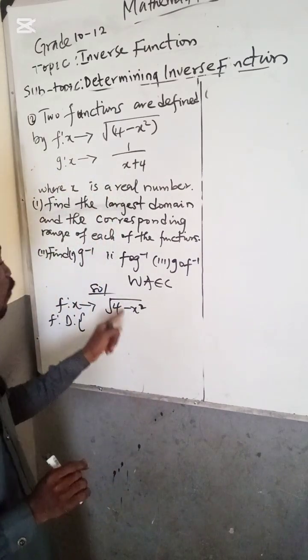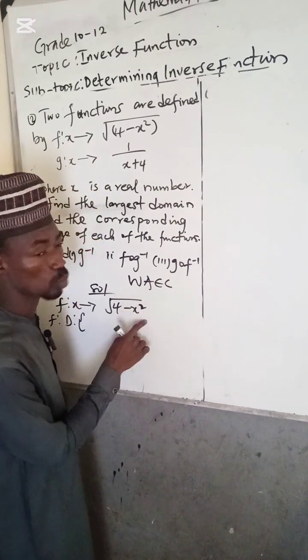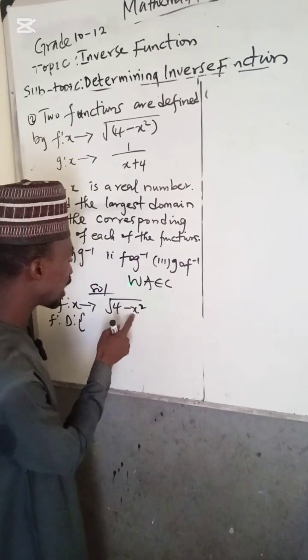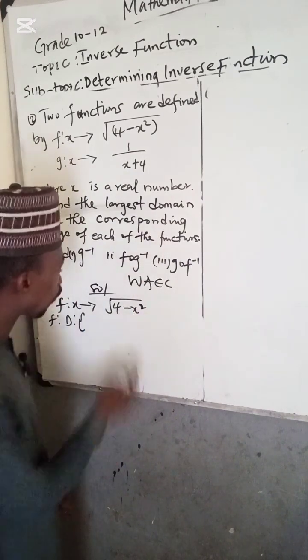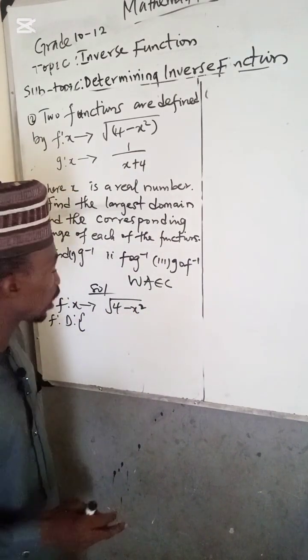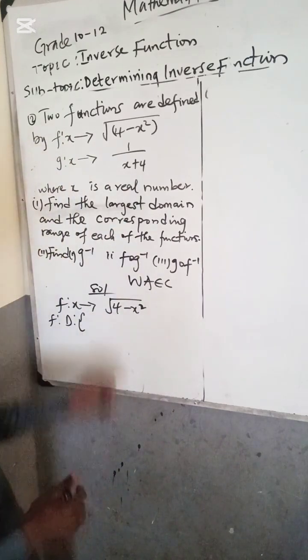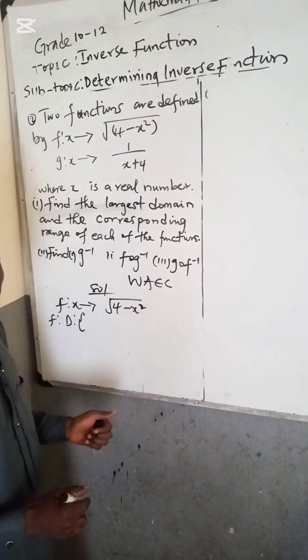Look at this: we have 4 minus x squared. If we plug in 1 here, 4 minus 1 is 3. Now, if you put in 2 here, 2 squared is 4, 4 minus 4 is 0, and square root of 0 will still give you 0. Beautiful. Now, if we plug in 3 here, 3 squared is 9.